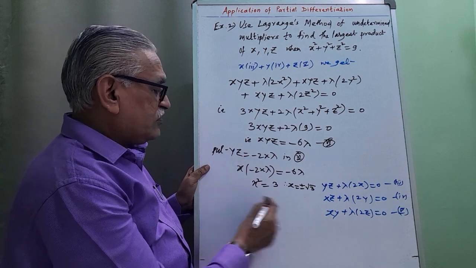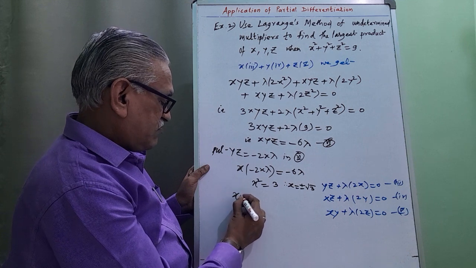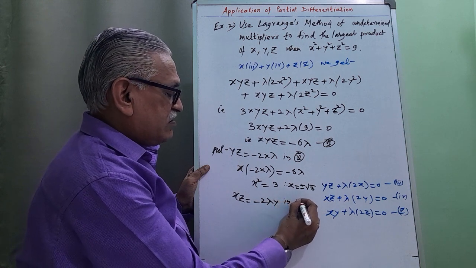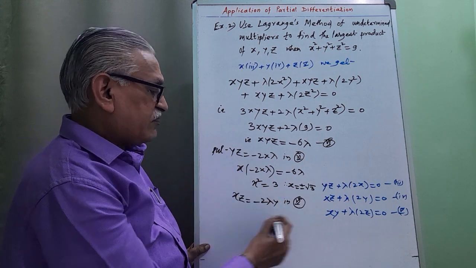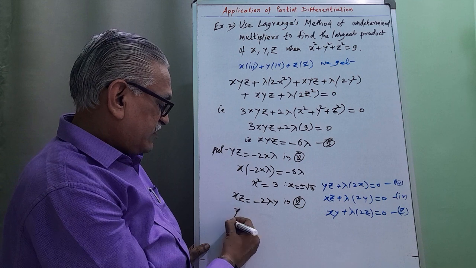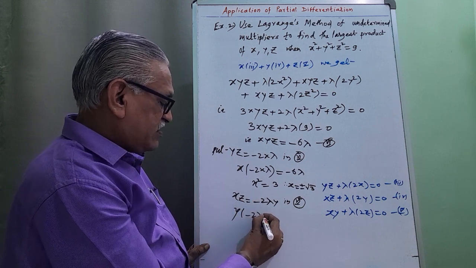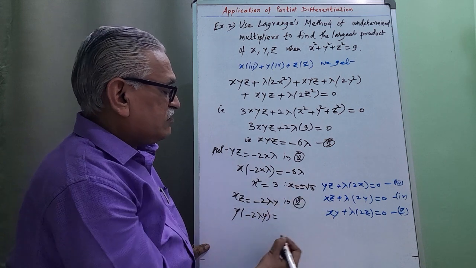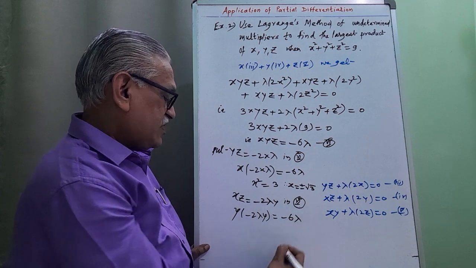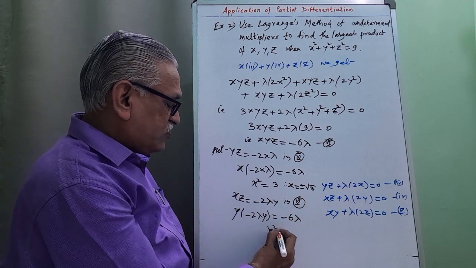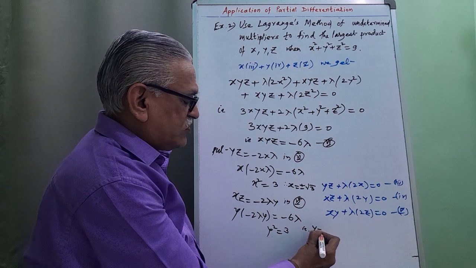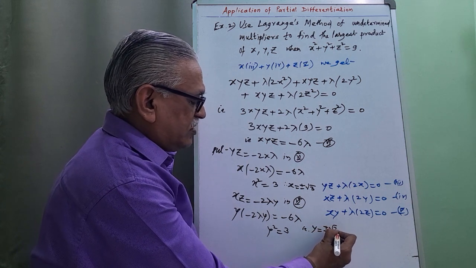Then put xz equal to minus 2 lambda y in the sixth equation. We get, therefore, xz means the remaining is y into xz, which is minus 2 lambda y, equal to minus 6 lambda. Dividing by minus 2 lambda, we get y square is equal to 3, that is y is equal to plus minus root 3.